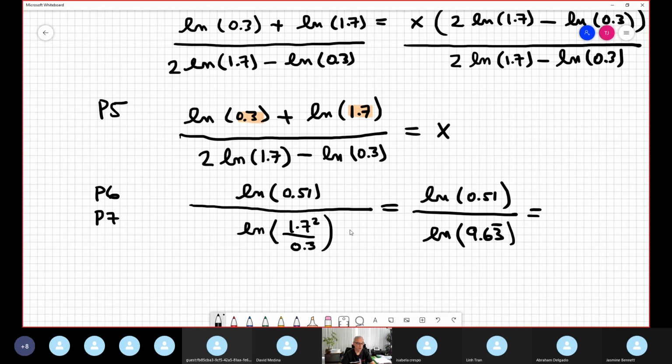Now ready to put this in the calculator. Okay, let's do it. If you want, not necessarily computing this, you put in the calculator the original version, this one.